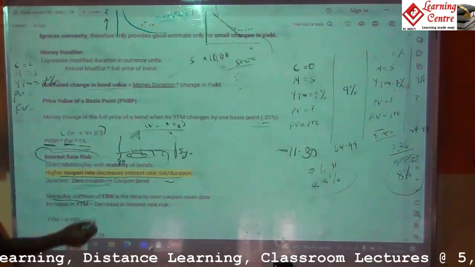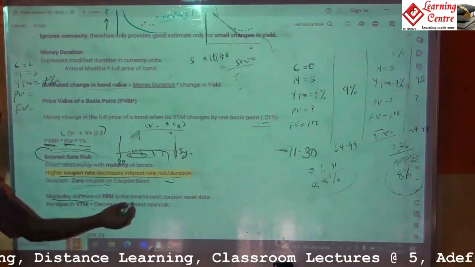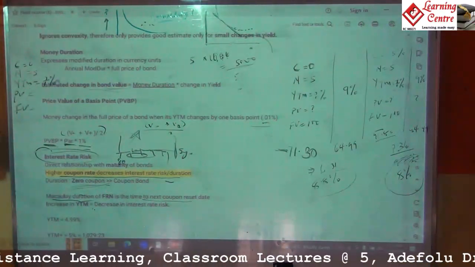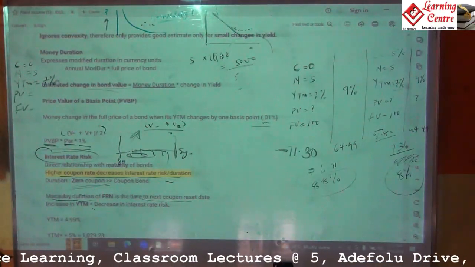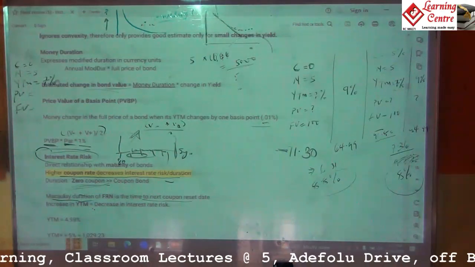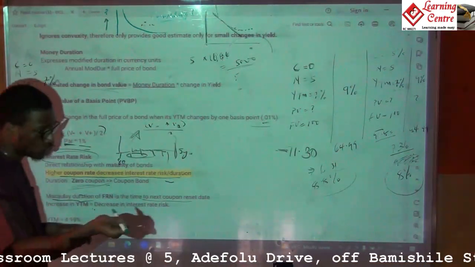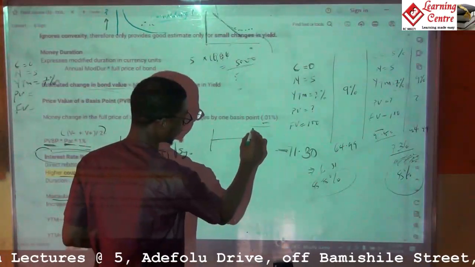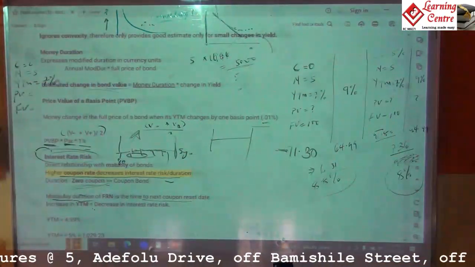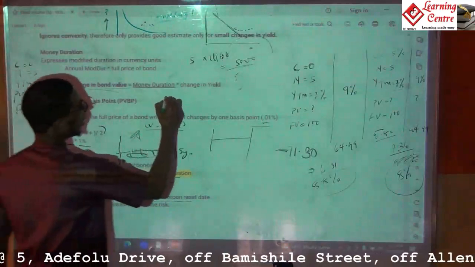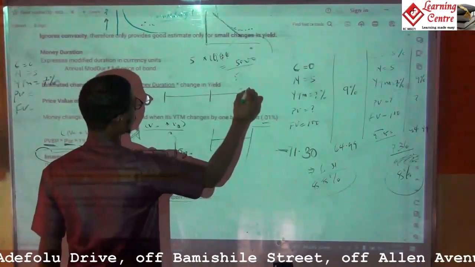The duration of a floating rate note is the time until the next coupon is set. So you don't suffer much interest rate risk for a floating rate note, because you know it will be reset to the next yield. Let's say I have a 2-year floating rate note.